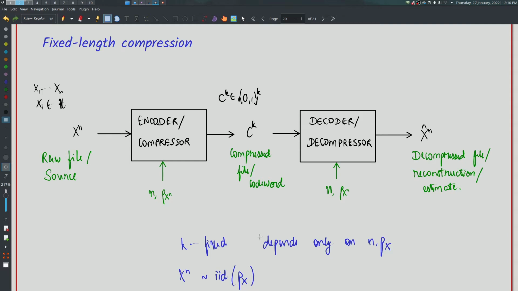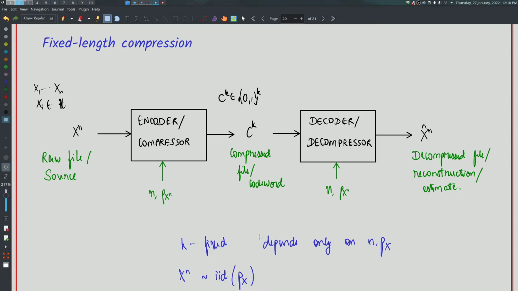It arises as the fundamental limit of compression, even when we're talking about fixed length compression. So even if you talk about variable length compression with zero error, or fixed length compression with vanishing error probability, the optimal rate, or the smallest rate to which you can compress a source sequence, turns out to be the same, and it is equal to the entropy.